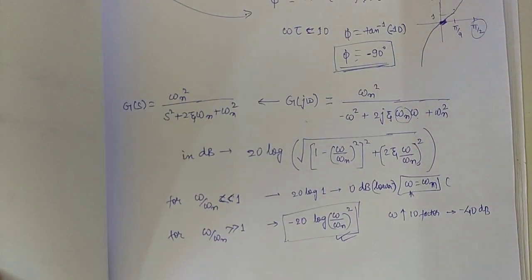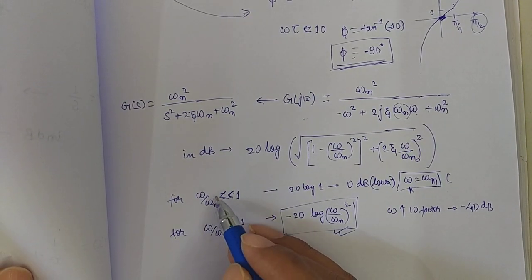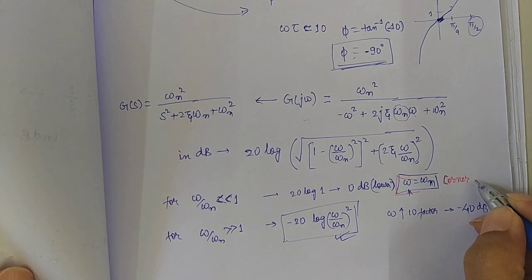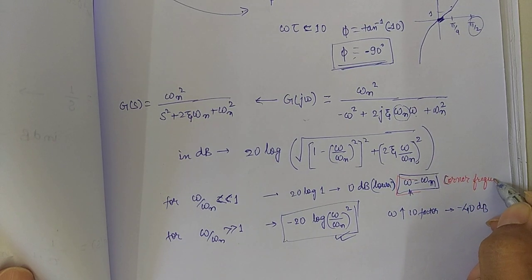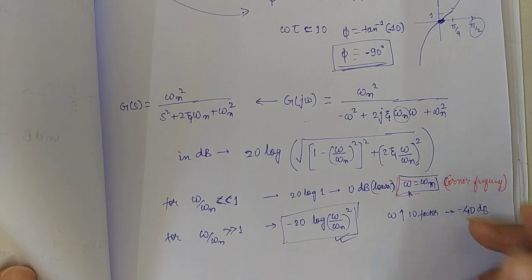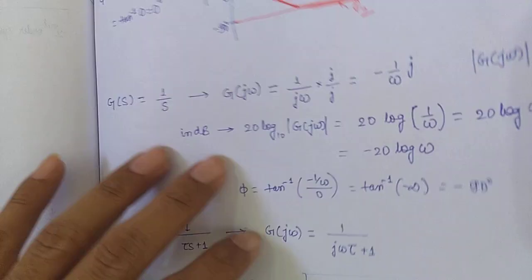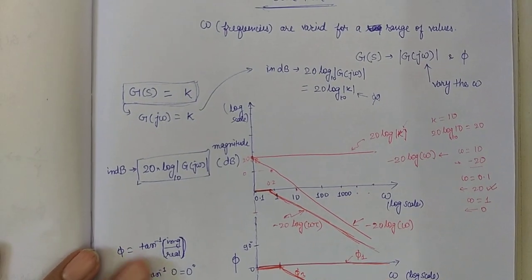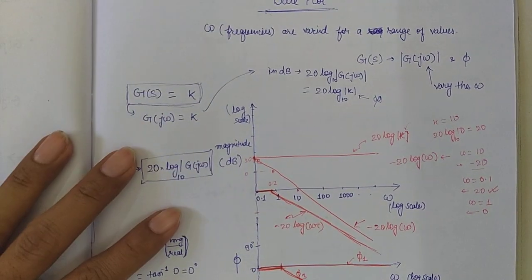For this, the corner frequency is at omega equal to omega n, where your gain switches.